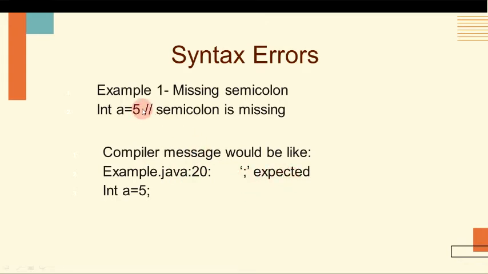So when you don't use a semicolon at the end of the variable value, the error will be shown like this. When it shows like this, you should understand that this is a syntax error and you need to use a semicolon. So I have placed it here, int a = 5;. This kind of error is called a syntax error.